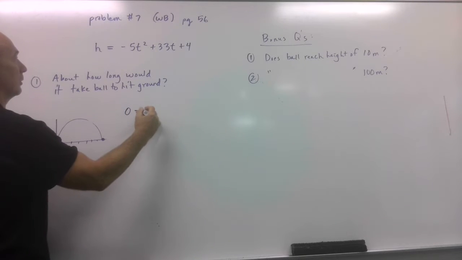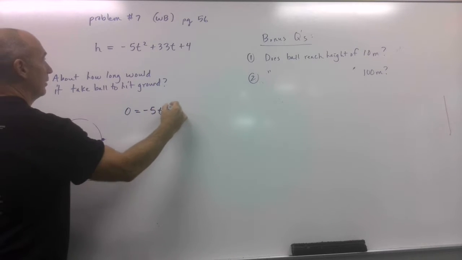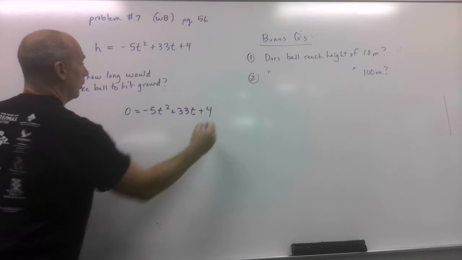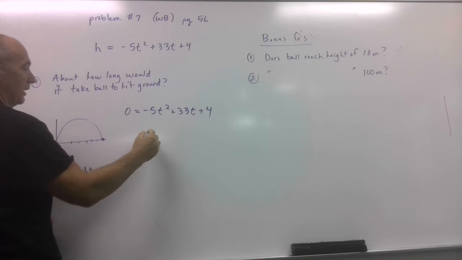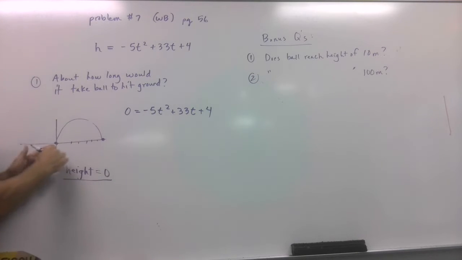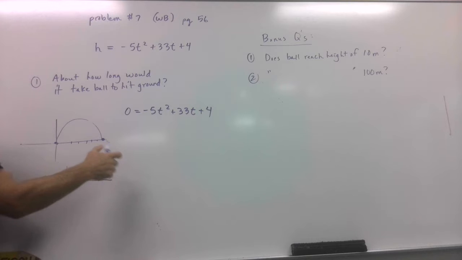So 0 equals negative 5t squared plus 33t plus 4. Now, the nice thing about the quadratic formula is we're going to solve for t. It's going to tell us t is 0 for one of them, because it's where you threw the ball, and it's going to tell us the other one.